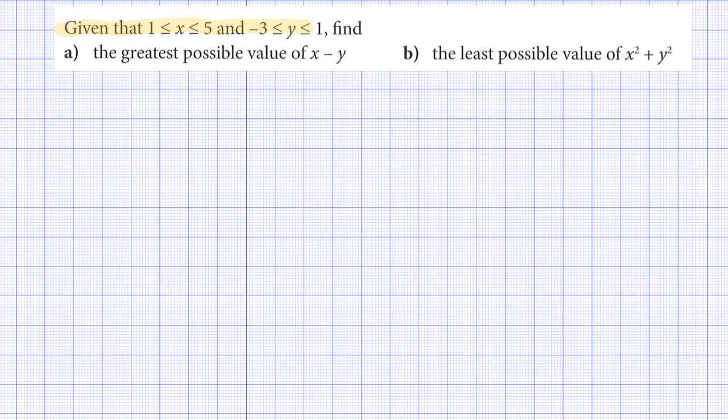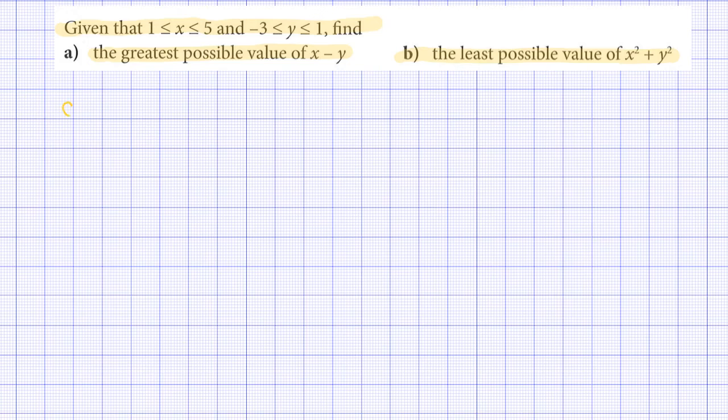Given that x lies between -1 and 5 and y lies between -3 and 1, find A, the greatest possible value of x subtract y, and B, the least possible value of x squared plus y squared.